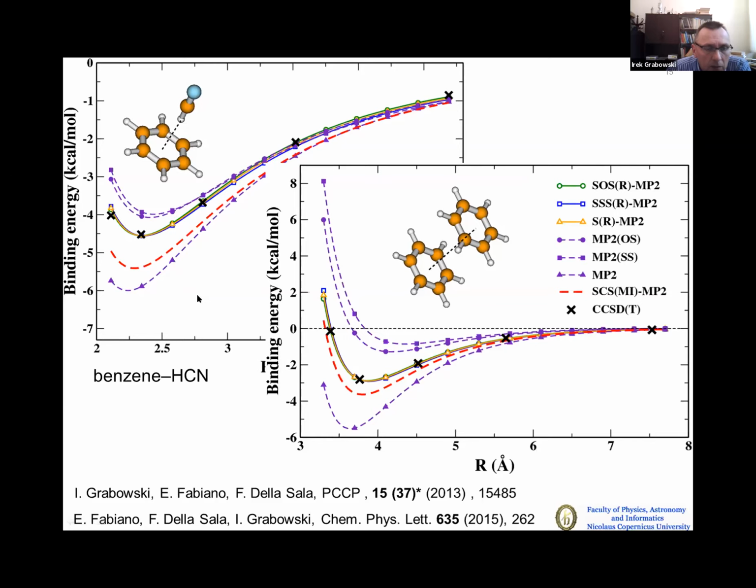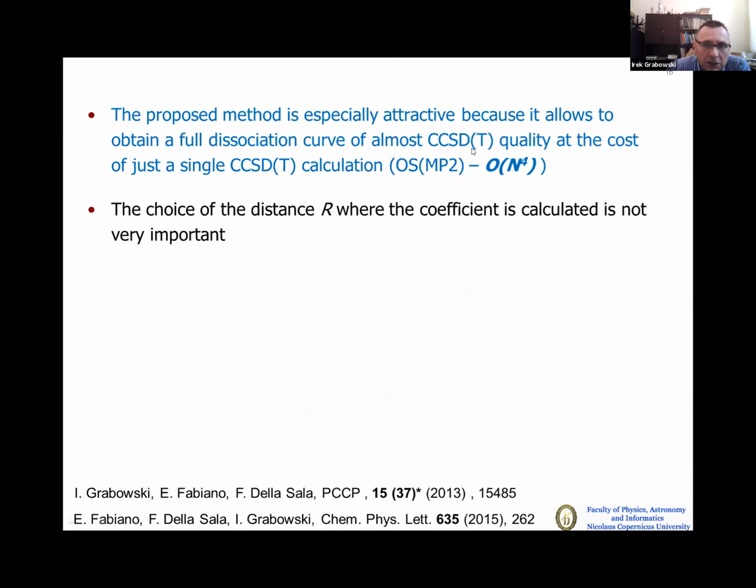So the method works very well. Actually, the advantage of the method is that we calculate the whole curve with the cost of n to the fourth, at the quality of CCSD(T), but at one point we have to fix the coefficient and do the expensive CCSD(T) calculation.